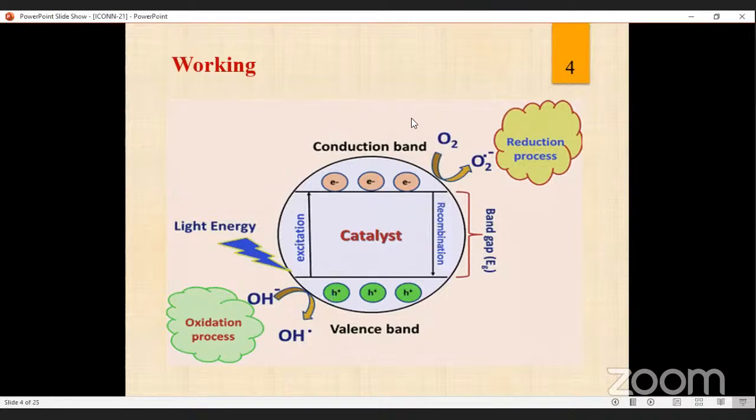When the photocatalyst is put into the water, these electrons react with water and oxygen to give superoxide radicals, and similarly the holes in the valence band react with hydroxyl ions to give hydroxyl radicals through oxidation and reduction processes, and these radicals in turn help us break the contaminants into harmless compounds.